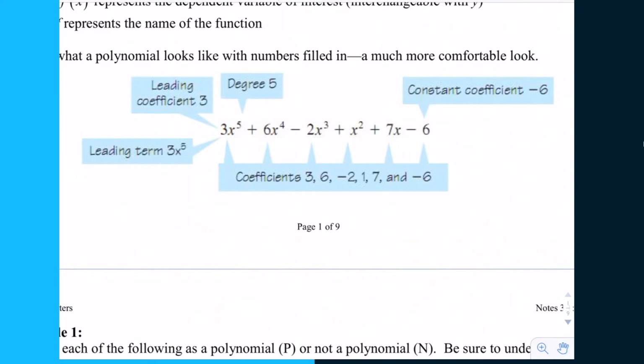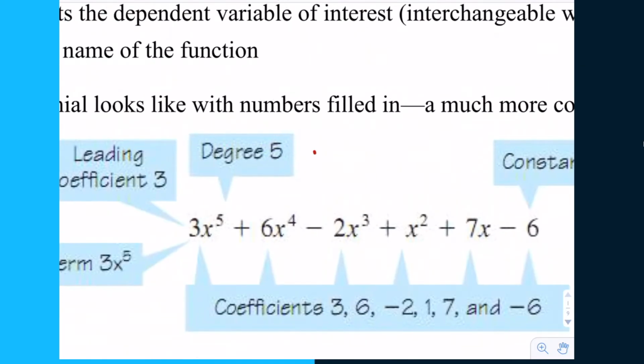Now this is not a polynomial function, because it's not equal to f of x or anything. This is a polynomial expression, but same thing. Notice, is it written in descending order? The degree is what? 5, and then the next one, 4, 3, 2, 1, x to the 0 is a constant. So we would call this a fifth degree polynomial, or a what? What did I say? You can call it a fifth degree polynomial or quintic.